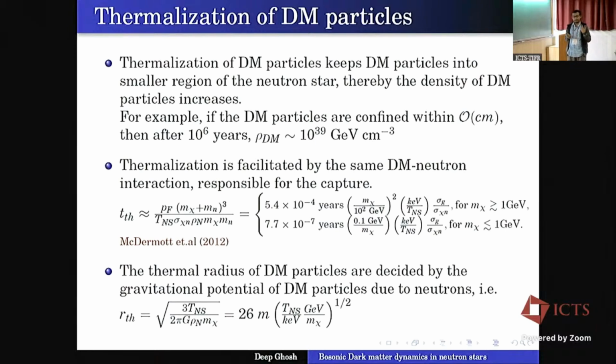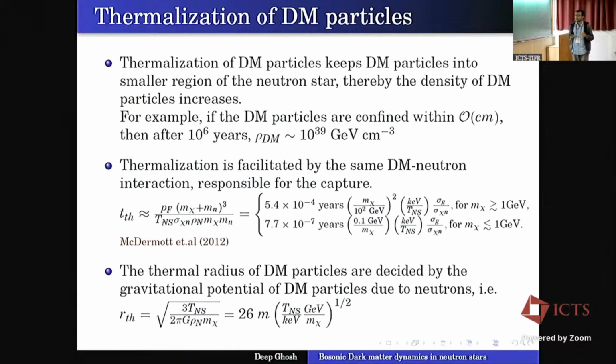For example, if again we take 1 GeV particles, and we wait 10 to the power 6 years, and if it can be confined within a centimeter, then it is even larger than the neutron density. Okay, so how does this thermalization happen? This thermalization again happens through the same interaction. The interaction which is responsible for the capture, the same interaction would thermalize it. And this is the thermalization time scale.